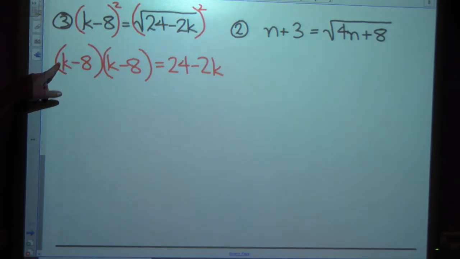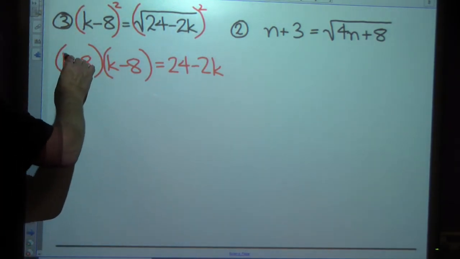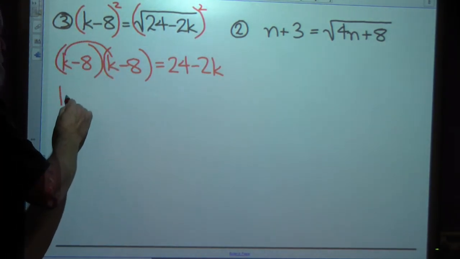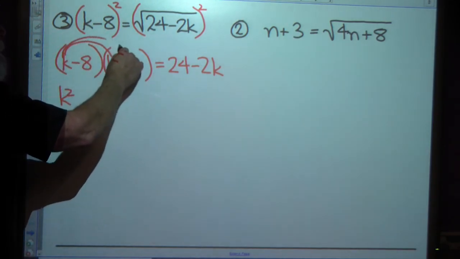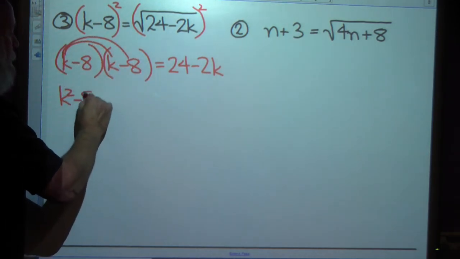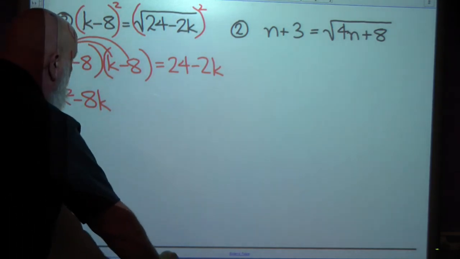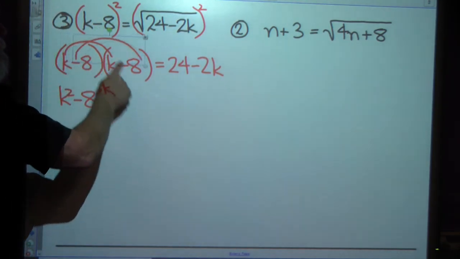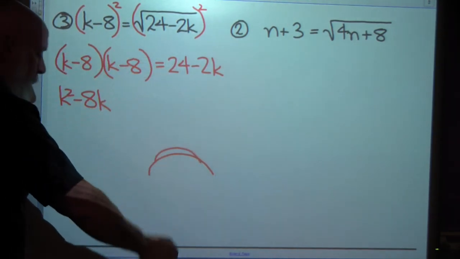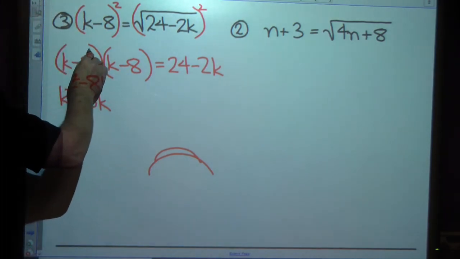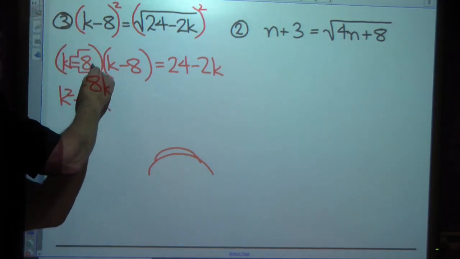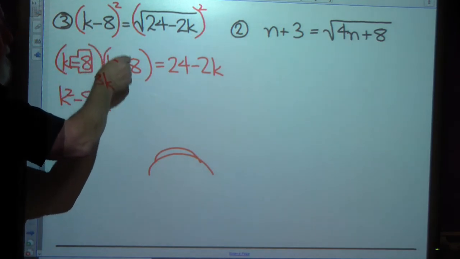I'm going to go ahead and FOIL this. K squared minus 8k. Then I'm going to take this negative 8 and distribute it. That minus sign is going to travel with the 8, so to speak.